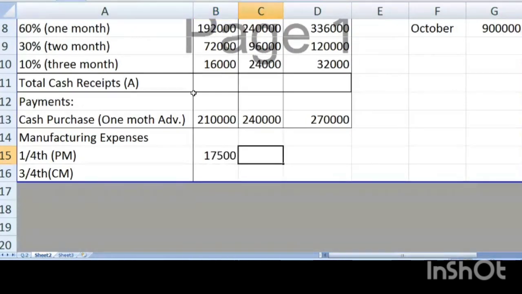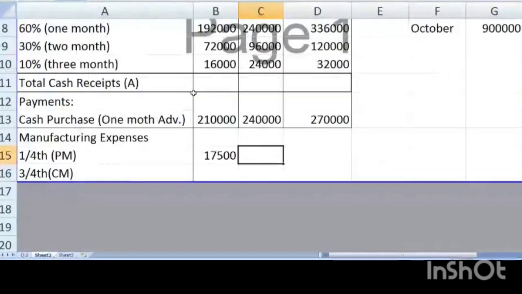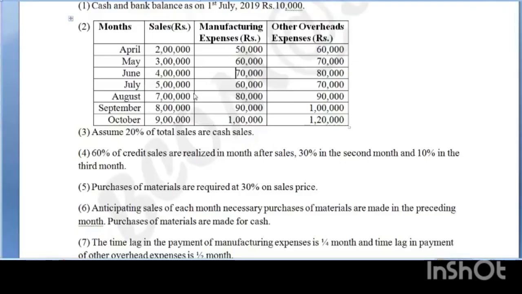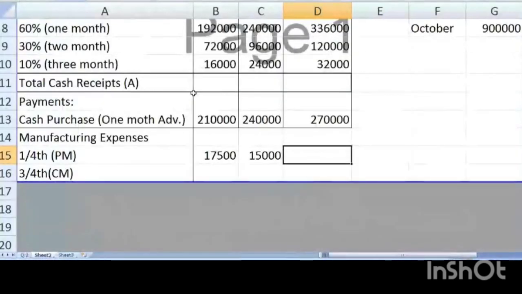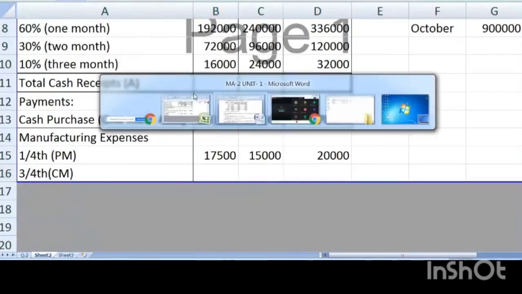Okay. Next is 60,000 into 1/4. That means 15,000. Next is 80,000 divided into 1/4. That means 20,000. Now 3/4 of current month.